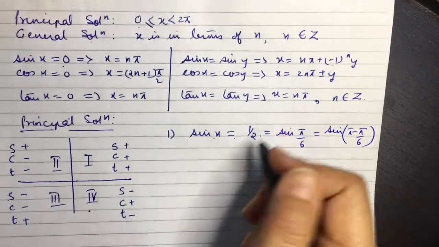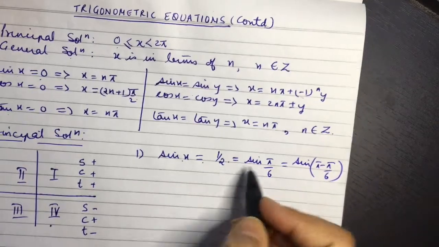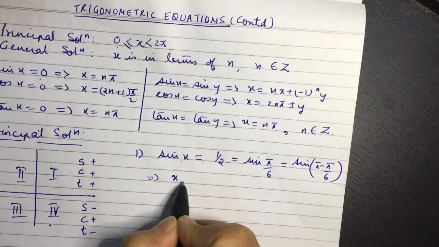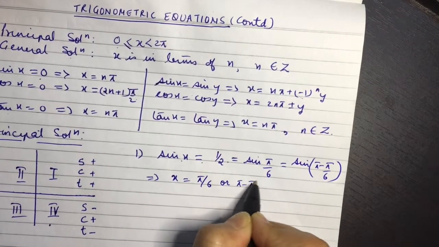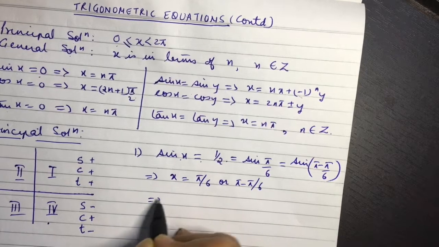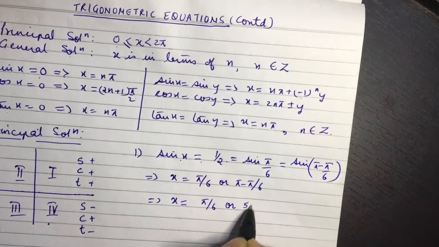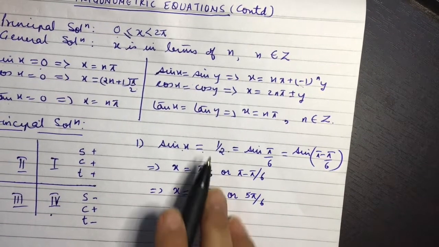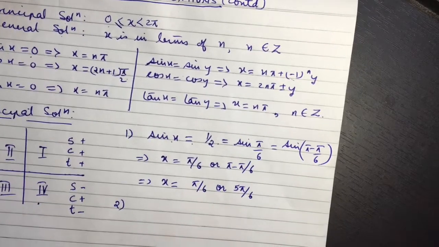Comparing the angles on either side, I get x equal to pi by 6 or pi minus pi by 6, that is I get 2 solutions, x equal to pi by 6 or 5 pi by 6. So if I put x equal to any of these 2 values, I will get the value of sine as plus half.